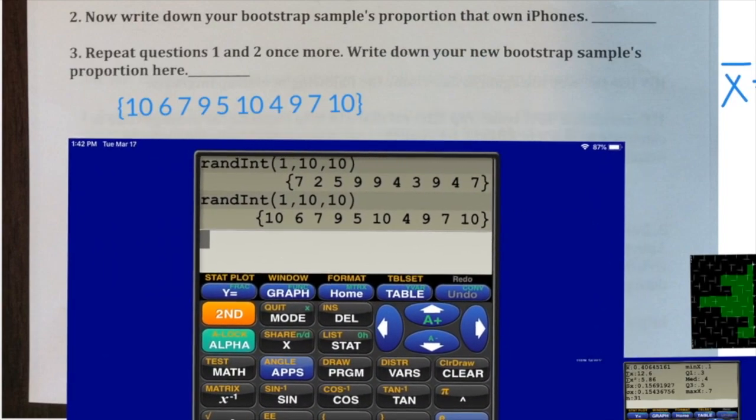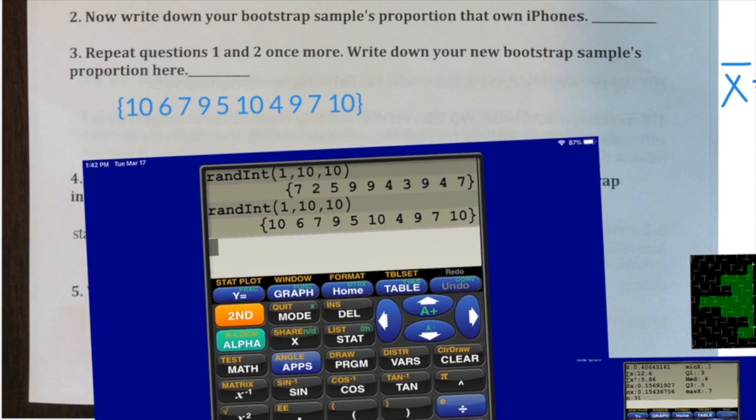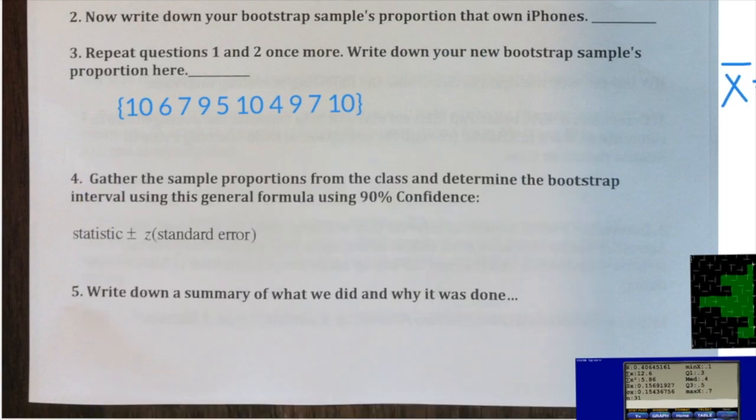I repeated the process again and created another bootstrap sample. This time I got student 10, who was Walt. I got him to show up 3 times, and that's 3 no's. Student 6, that was Nina, and she was a no.